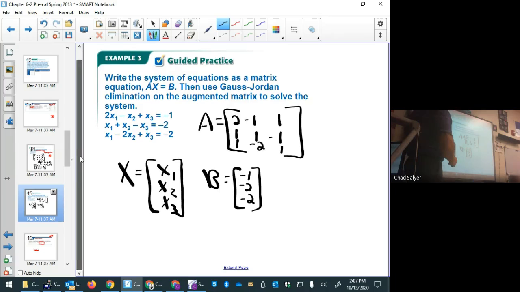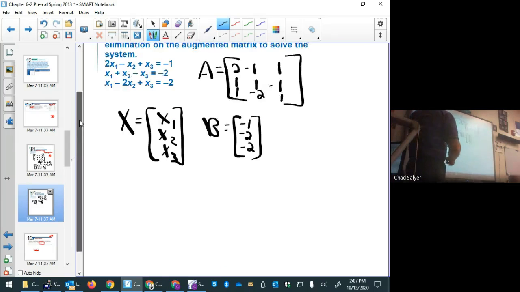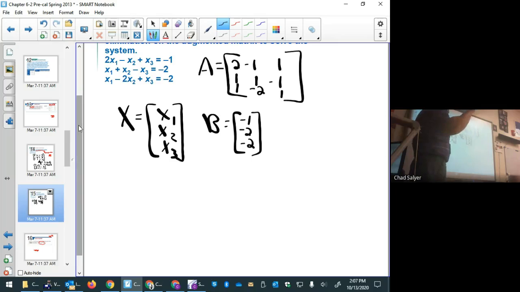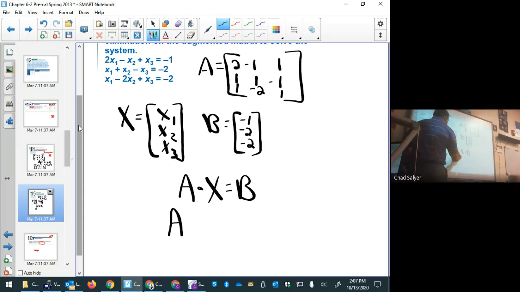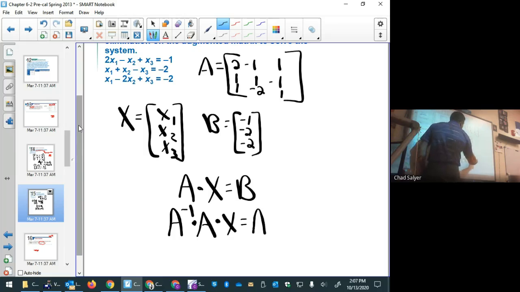So once you have those three defined, a little bit of matrix algebra, which is slightly different than regular algebra. I know that A times X equals B. That's just from the original system. Now, if I multiply on the left by the inverse of A, I get this. I have to do it to both sides, of course.